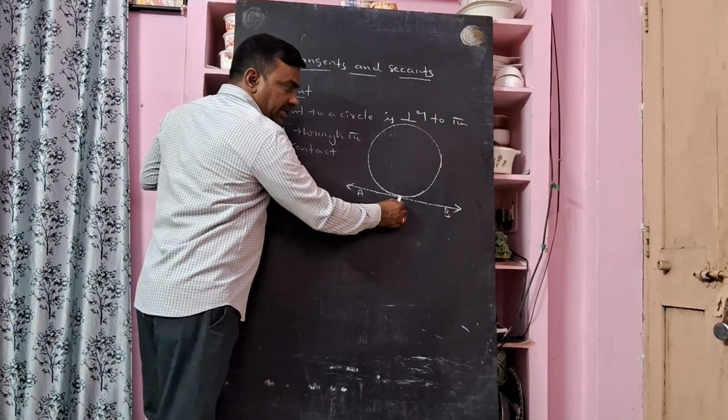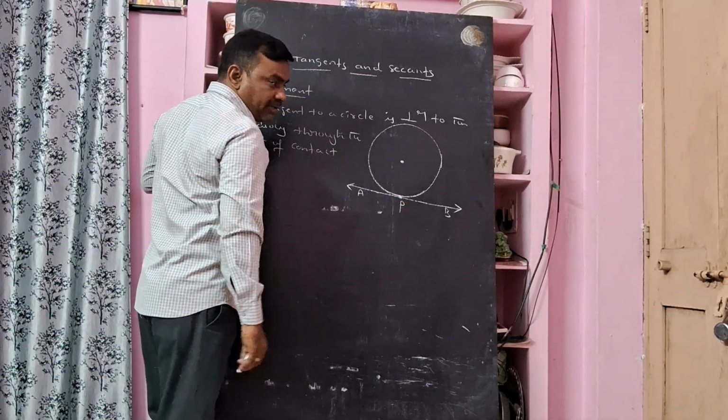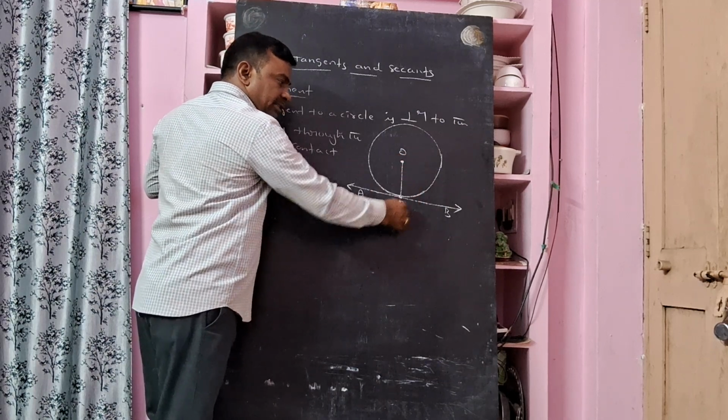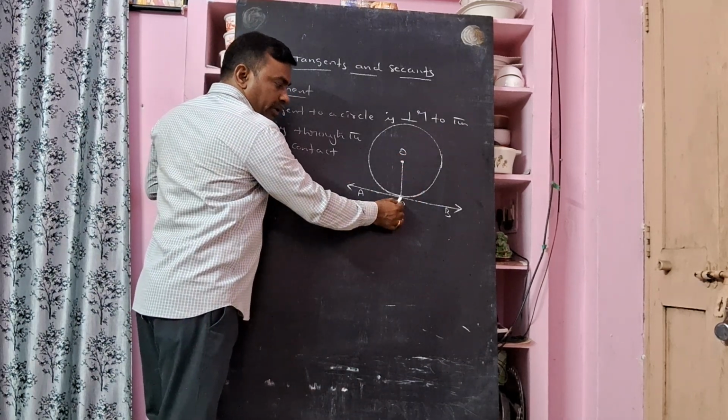Here, this is the tangent. O is the center of the circle, and OP is the radius through the point of contact.